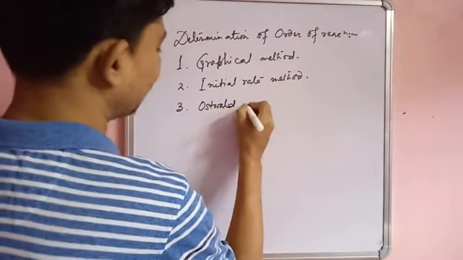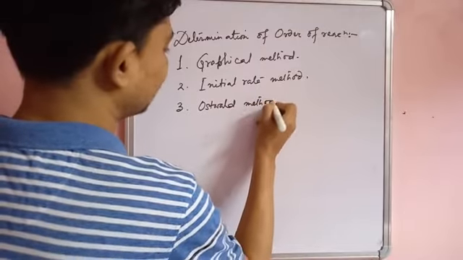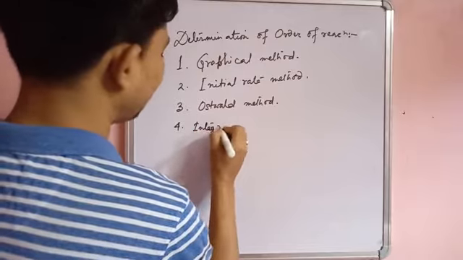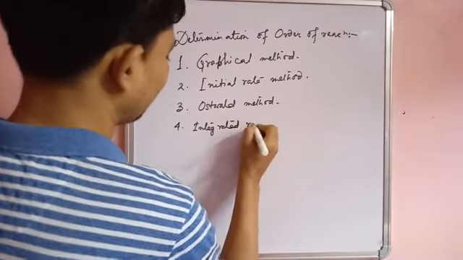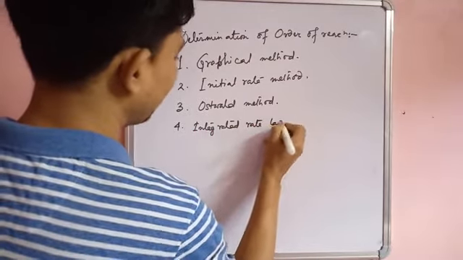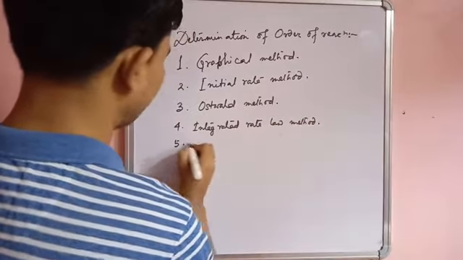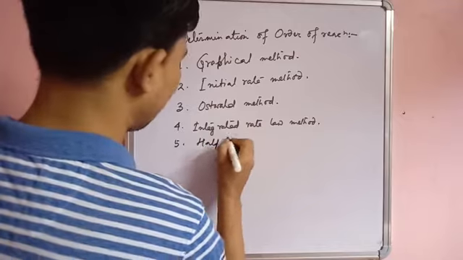The fourth one is the integrated rate law method. And the fifth, last but not the least, is the half-life method.